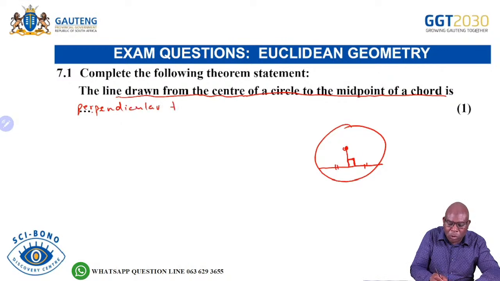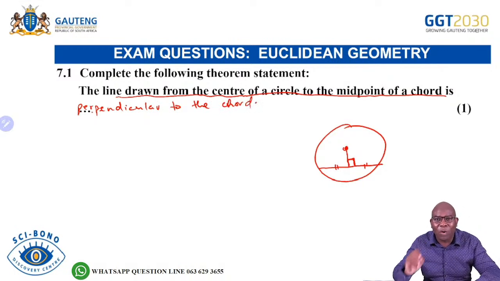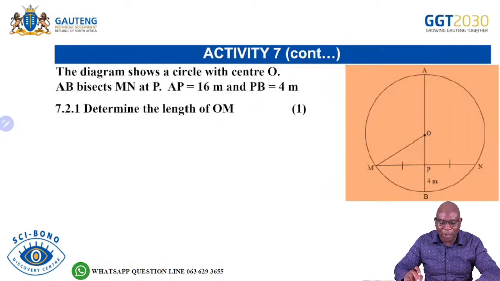That's your 1 mark. If I learn these theorems, I'll always get a mark for this, especially the grade 11 ones. And if you know how to apply them, you'll be fine.